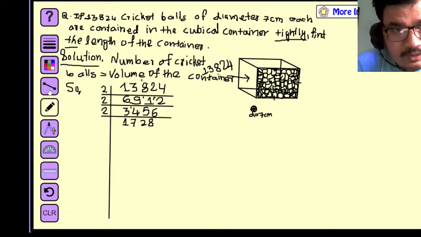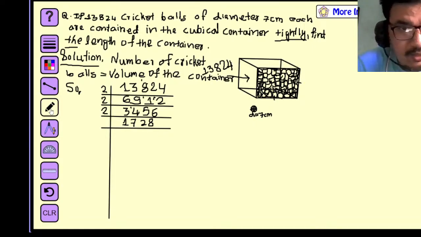Like this. Then again, in the unit place there is an even number. Again let's factorize it by 2. And we know 2 8s are 16, but here is 17, 1 remainder goes here.